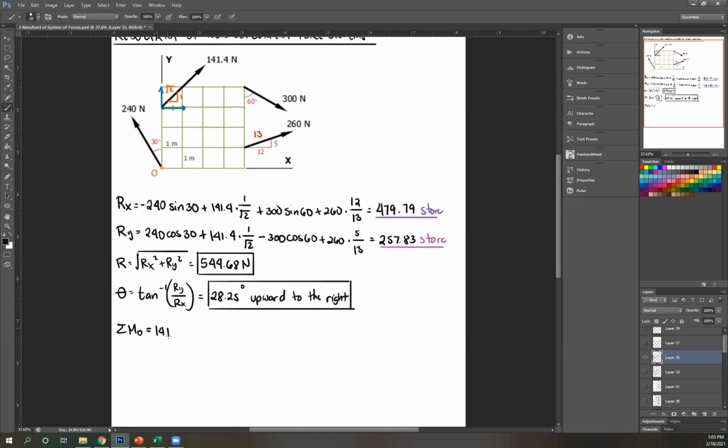Horizontal component is 141.4 times 1 over square root of 2 multiplied by perpendicular distance. This is 1, 2, 3. Next, the 300 Newton force. Again, you can either get the perpendicular distance or use its components. Let's do that.